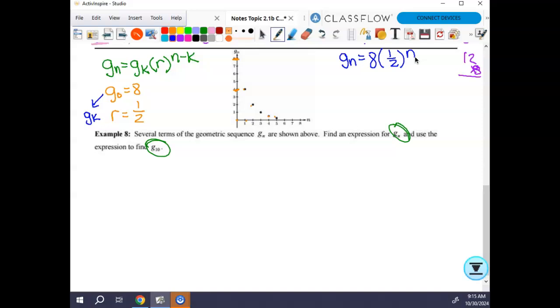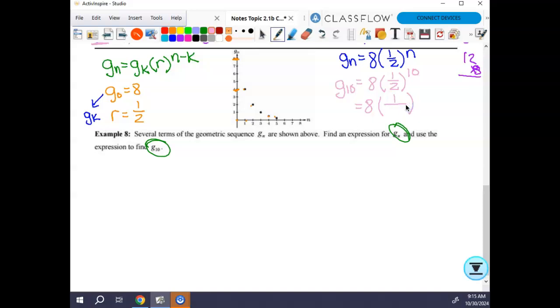So then we're asking for g10. G sub 10, that's going to be 8 times 1/2 to the 10th power. So that gives me 8 times 1/2 to the 10th power. It's really just 1 over whatever 2 to the 10th power is, right?